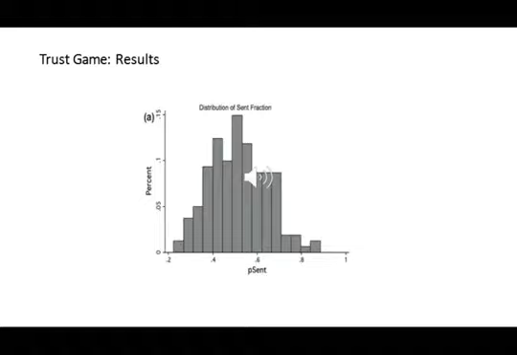This is of course in contradiction to the neoclassical prediction, because neoclassicals thought that individuals would be sending nothing, but in the real world, individuals sent 15% of their endowment, which means that people trust others.